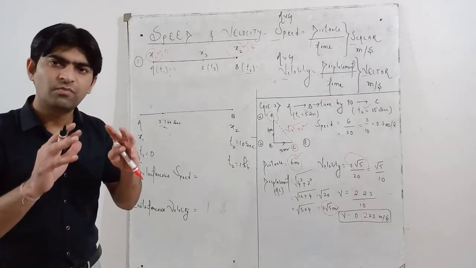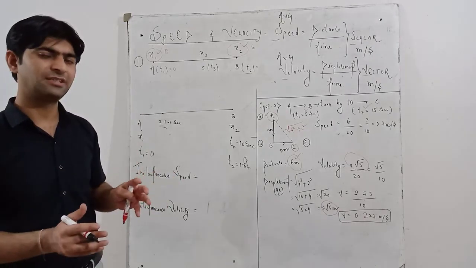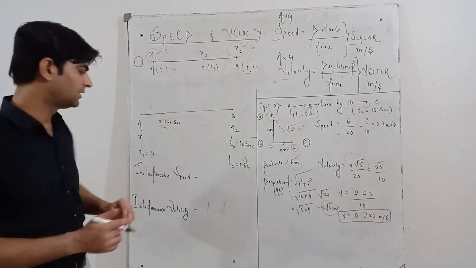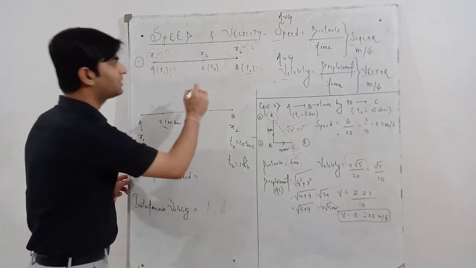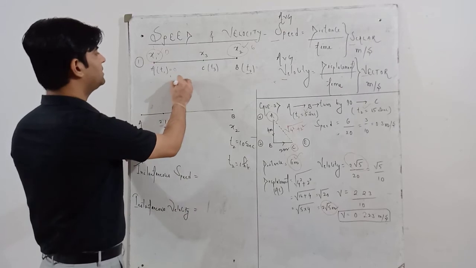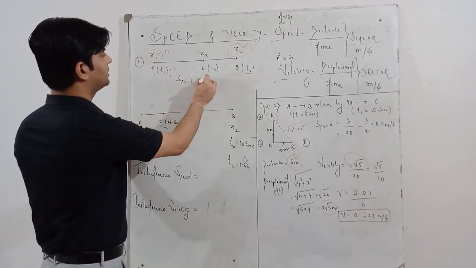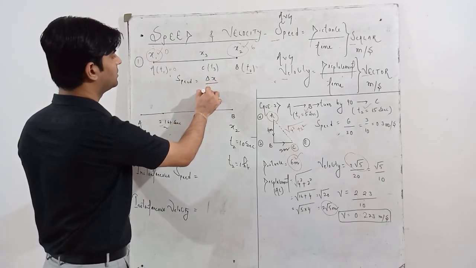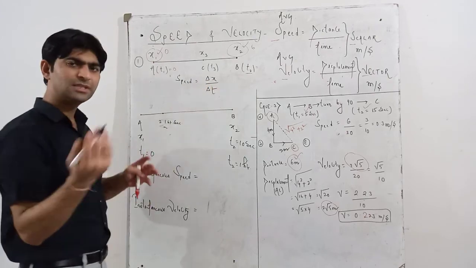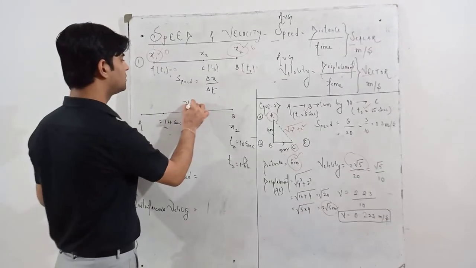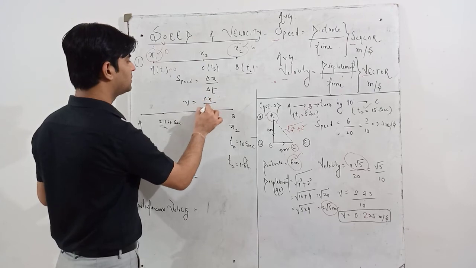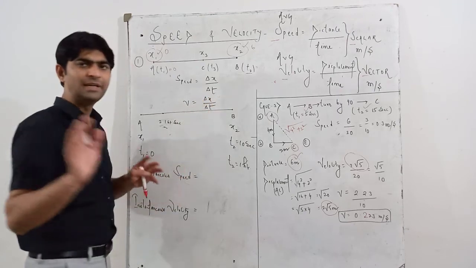Now what is the format to write instantaneous speed and instantaneous velocity? We have taken that speed is equal to del x upon del t. The same is the formula for velocity also, del x upon del t. Just the meaning is different.